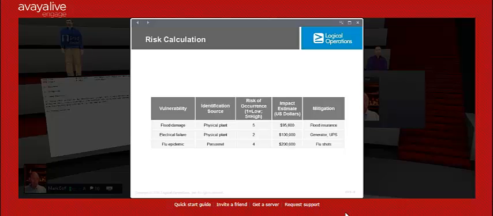In the previous case, it would be 95,000 times 0.1, 10%, which gives me my 9,500. I'm performing my accounting based on annualizing the damage. If I take that hit more than once in a year, I have to factor that in. If I only take that hit once every 10 years, I have to factor that in.